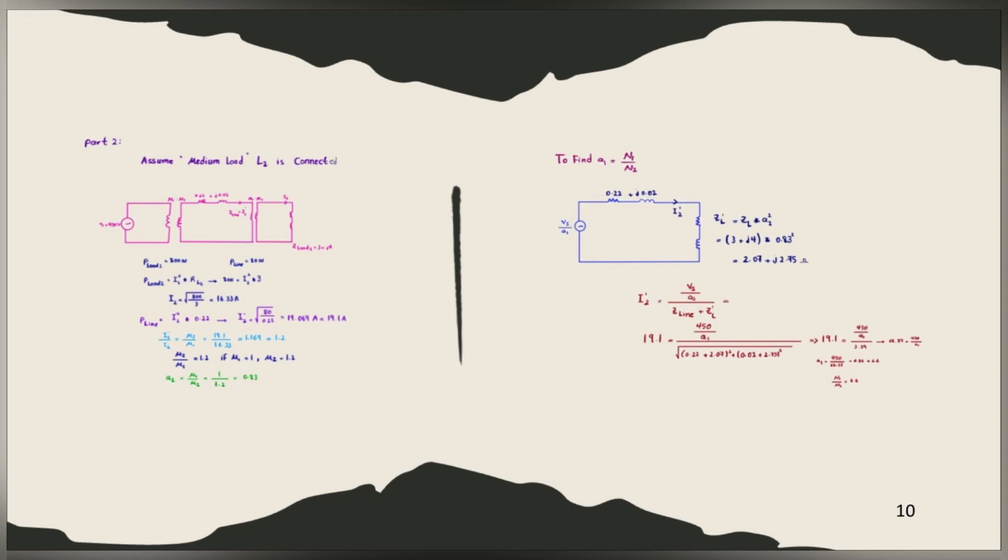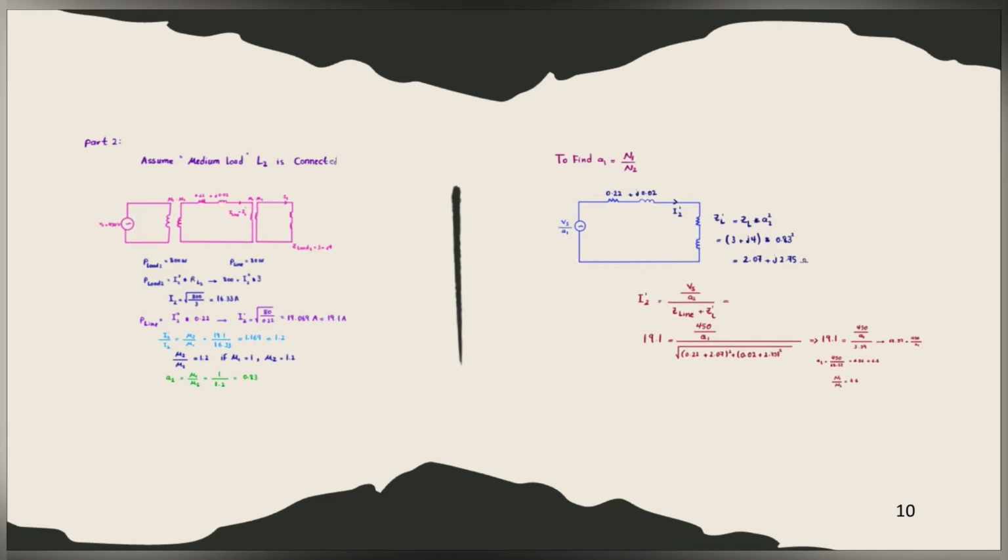So the equation is I2 dash square multiplied by R, which is 0.22, and then we use the square root of 80 over 0.22, which equals almost 19.1 ampere.